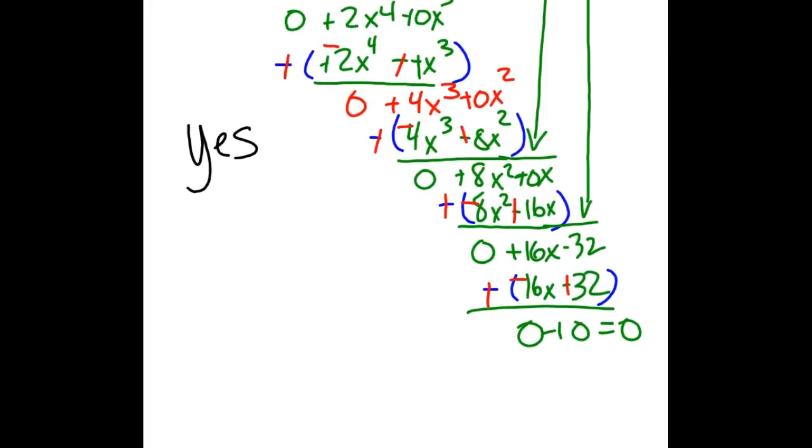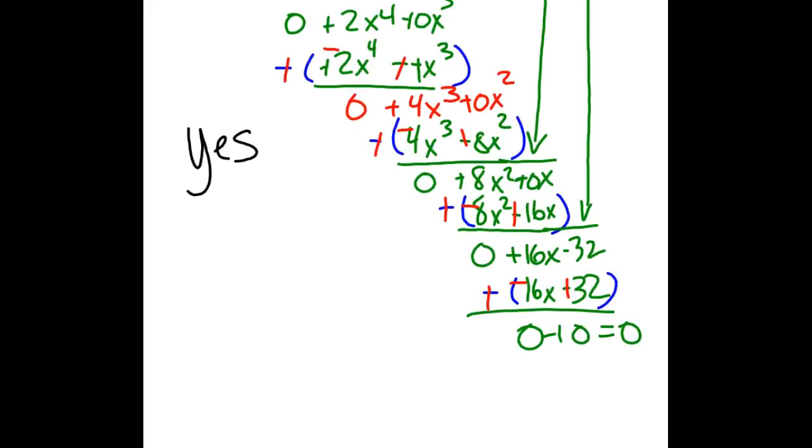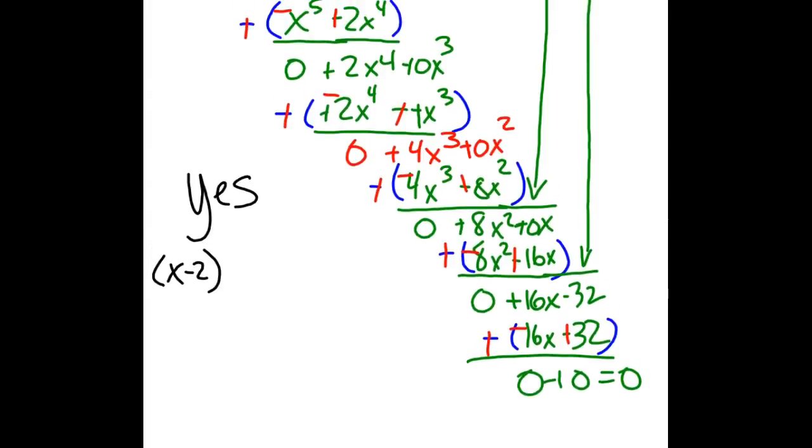So it says if x minus 2 is a factor, right, p of x is a product of the 2 factors. So x minus 2, yes, it is in fact a factor. So we're going to say x minus 2 times the quotient or the result of our division problem. That's what's all the way up at the top.